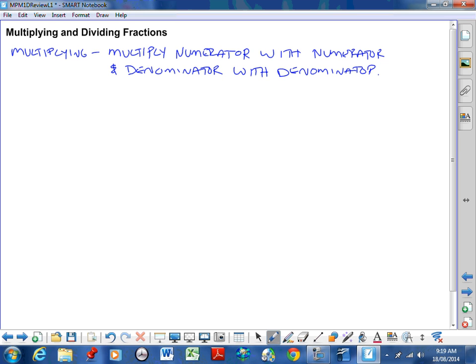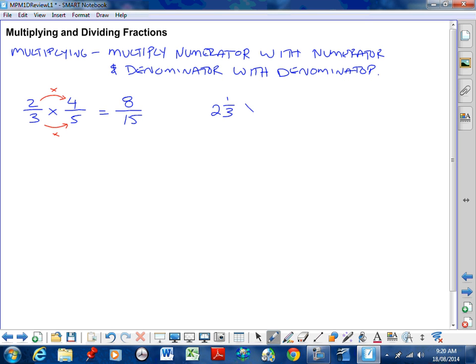So it ends up looking like this. 2/3 times 4/5. You simply just multiply across the top, multiply across the bottom, and we end up with 8/15.